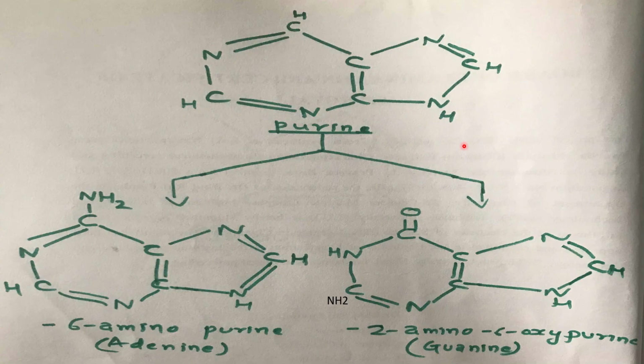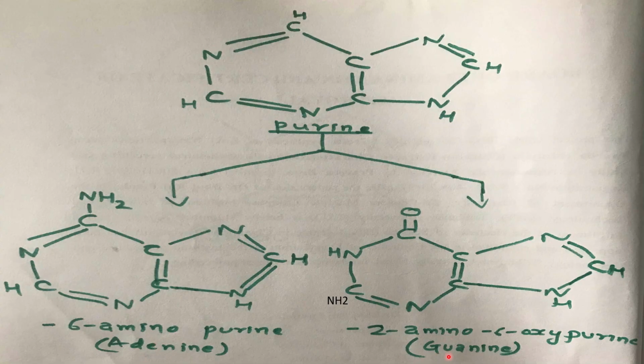So this is about the structure of the parent compound and their nitrogenous base. For the nitrogenous base purine with two rings, I think I forgot the H in the other slide. There has to be H in the purine. And for adenine, there is an amino group, that is NH2 group, in the sixth position. If it has an amino group in the sixth position of the purine structure, it is called adenine.